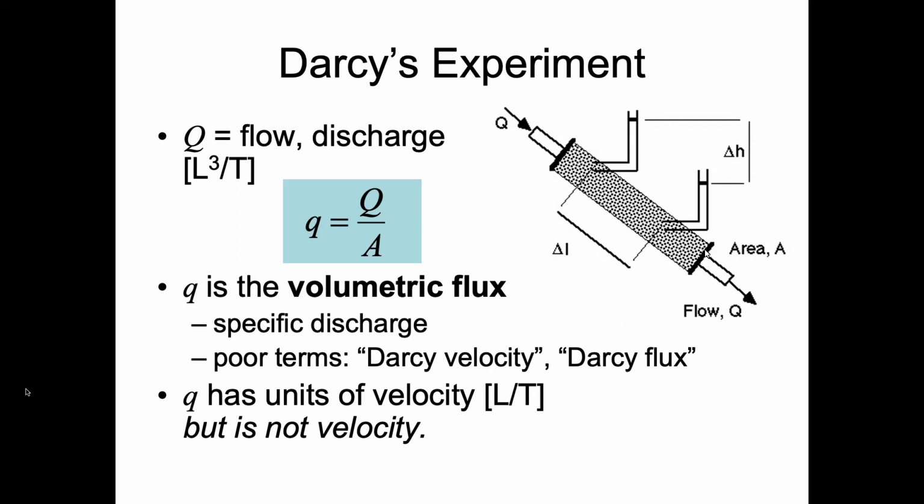At the bottom of the column we have this cross-sectional area, and when we divide the discharge by that area, we end up with our volumetric flux. This is in units of length per time, which looks a lot like a velocity, but is not a velocity term. We'll touch on how you come up with groundwater velocities at the end of this lecture.